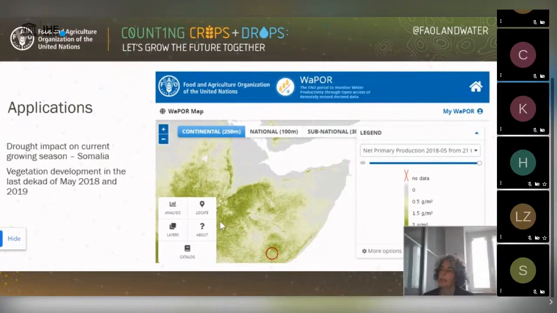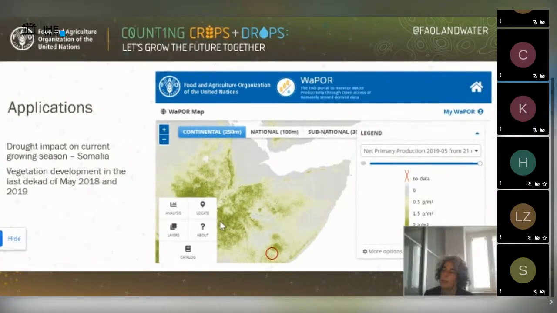And in this example, we looked at the impact of the drought in 2019 over agricultural production in Somalia. So this map, this red circle there, shows an important cereal producing area in Somalia, and this was the map of NPP in May 2018. So May is the start of the main cereal producing season.